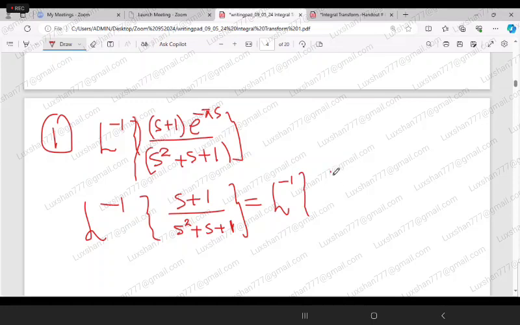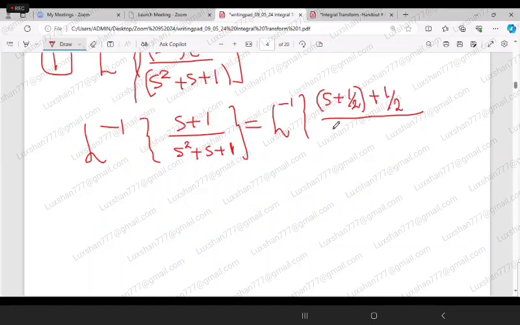I'm writing this way. Look at here, s plus half over s squared plus s plus 1.